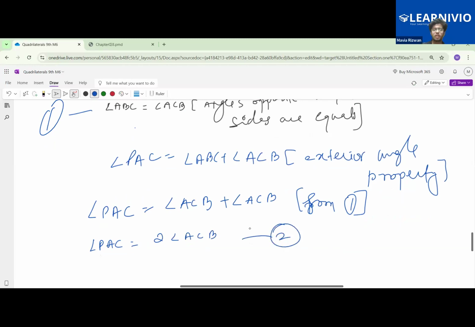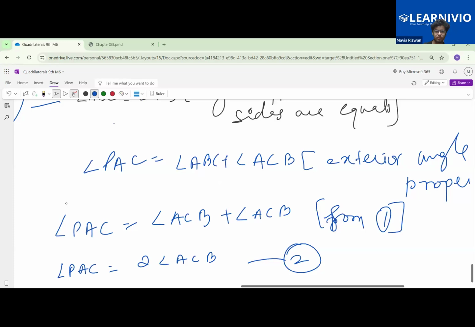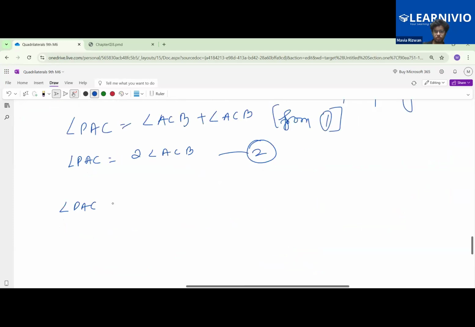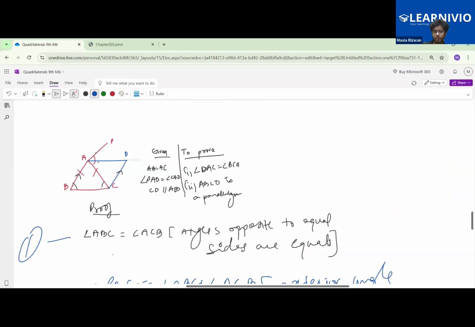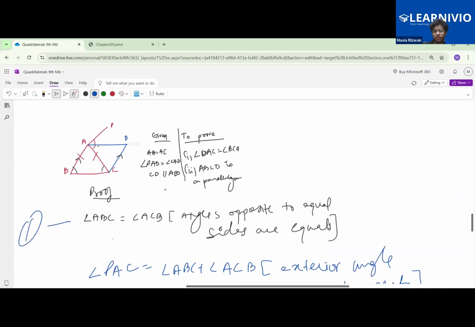Fine. Now, angle PAC I can write as angle PAD plus angle DAC, right? This total angle I can write as this angle plus this angle. So angle PAC is equal to angle PAD plus angle DAC. Now, angle PAD is equal to angle CAD, this is given.